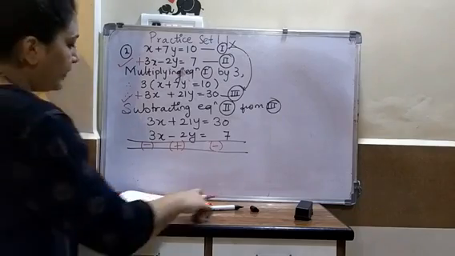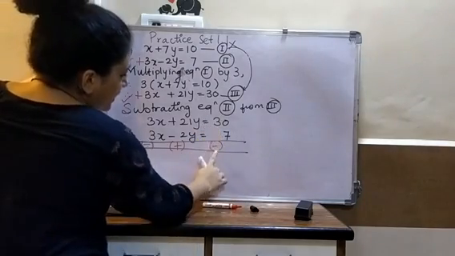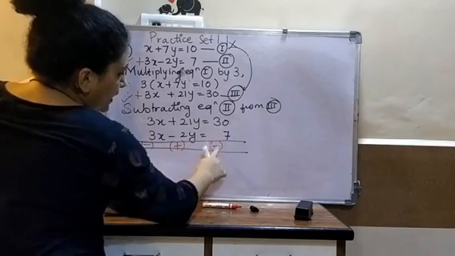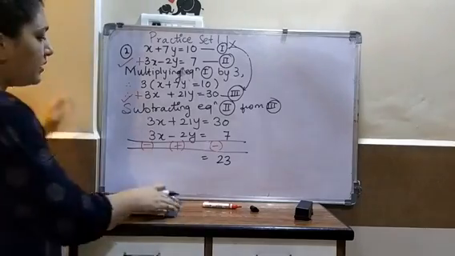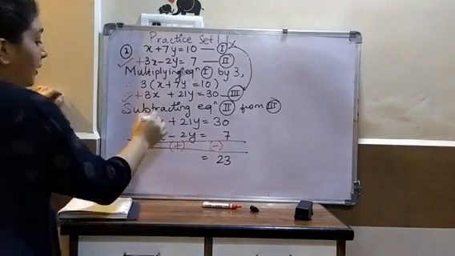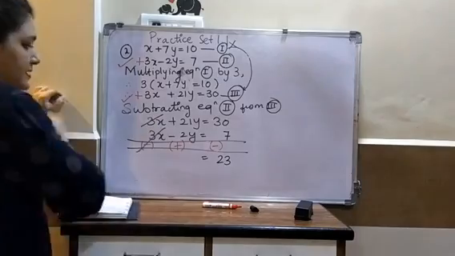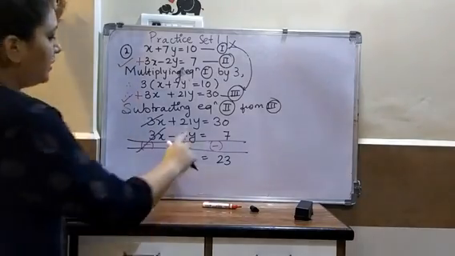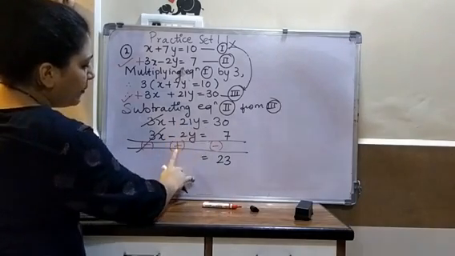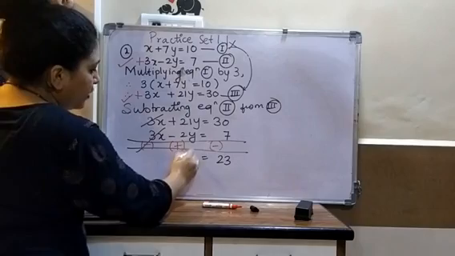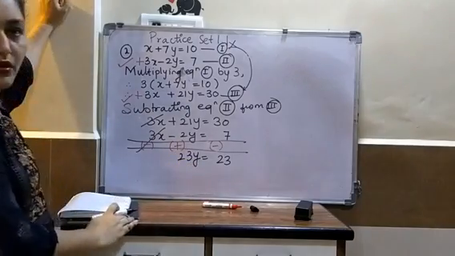Okay, now I will read it like 30 minus 7. 30 minus 7 means 23. Okay, then plus 3x minus 3x got cancelled. 21y plus 2y will get 23y.